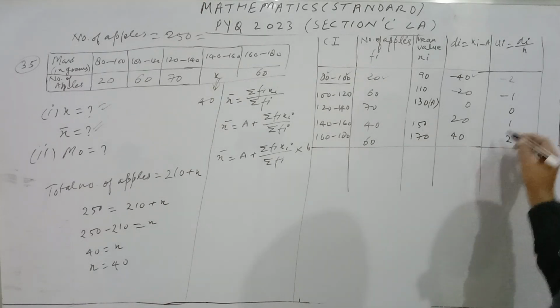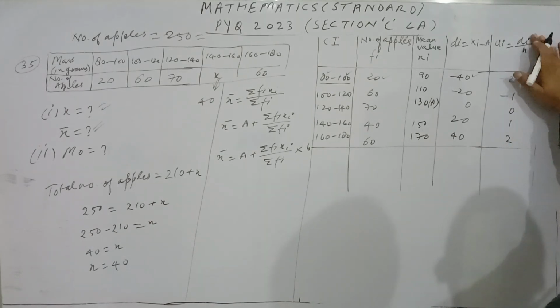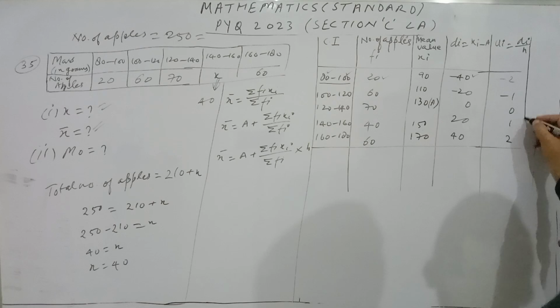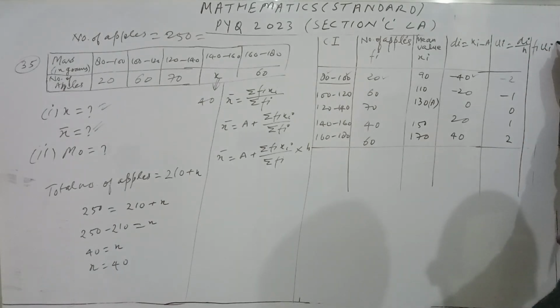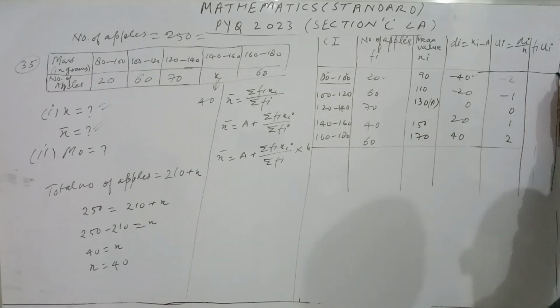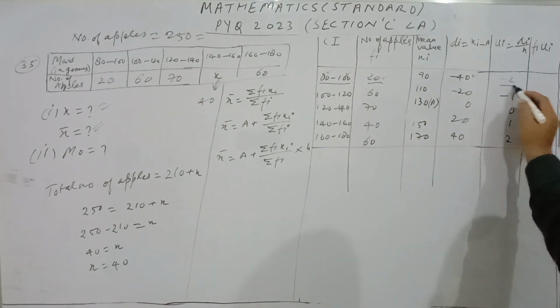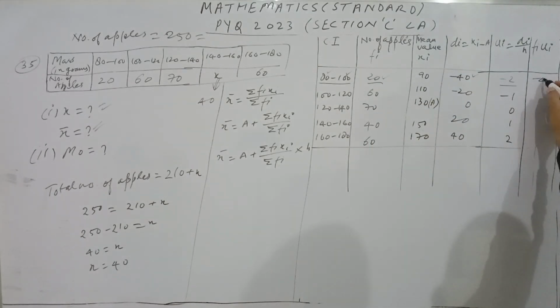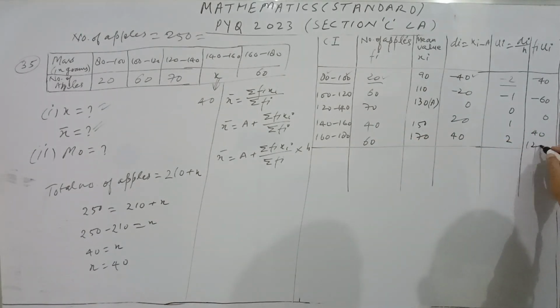So we will find out the next column, which will be fi ui. Okay. So this is the next column for us. fi and ui. So 20 times 2 will be minus 40, 60 times 1 will be minus 60, 70 times 0 is 0, 40 times 1 is 40, and 60 times 2 is 120.